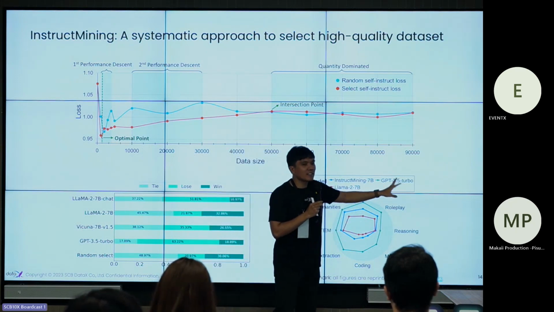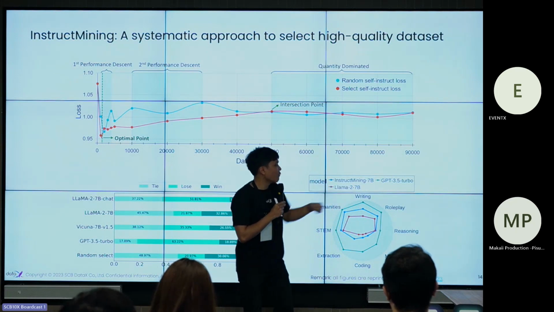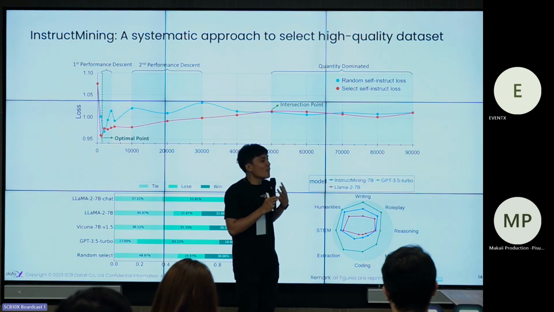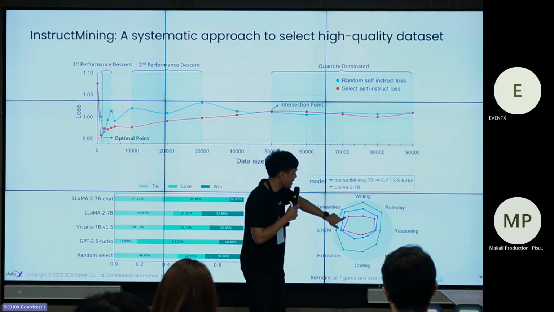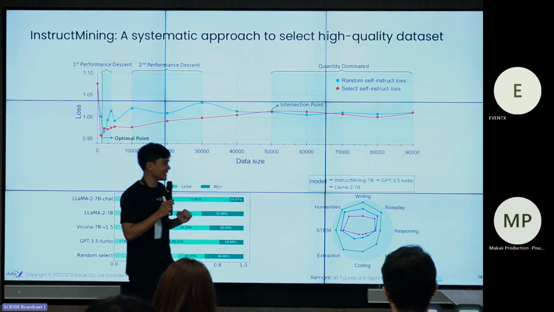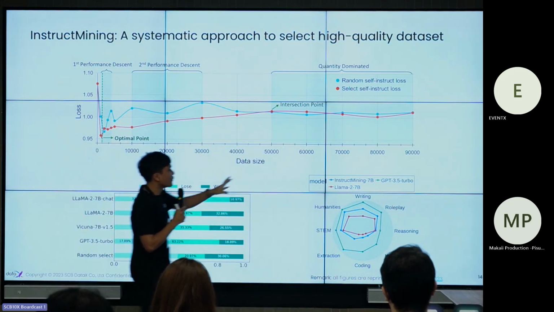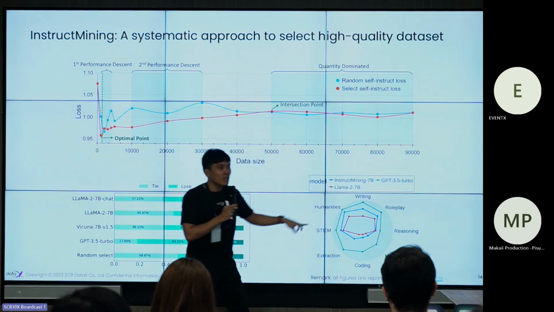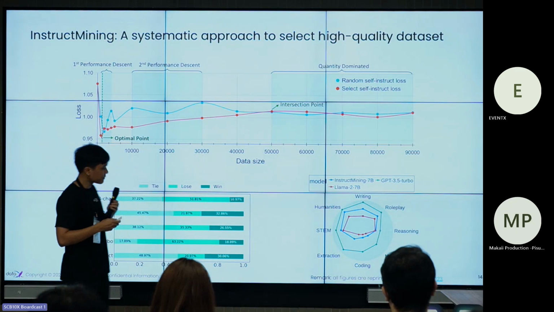GPT 3.5 is put here as a reference benchmark. But what I'm trying to say is that comparing the blue and the red one should be enough in this case: fine tuning with this data set improves the capability in all perspectives.